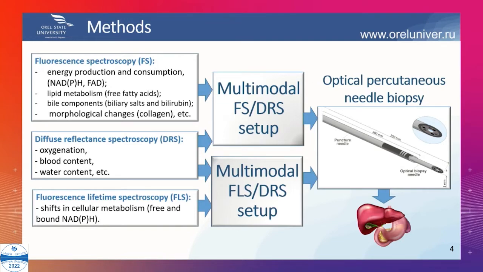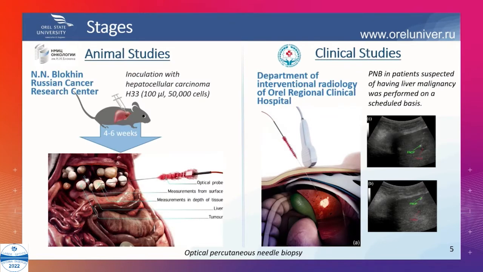We have developed two multimodal systems to study the metabolic condition of tissues. In this study, we used a fine needle optical probe, including emitting and collecting fibers, for measurements of fluorescence intensity and diffuse reflectance. Developed technologies were tested in pilot studies and clinical studies.